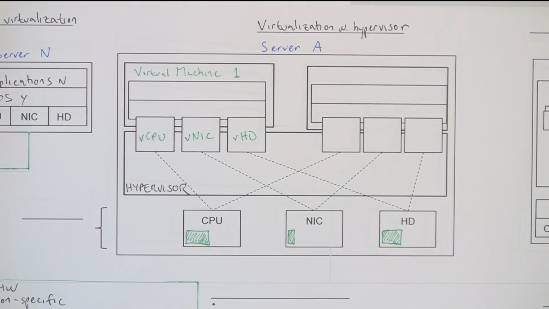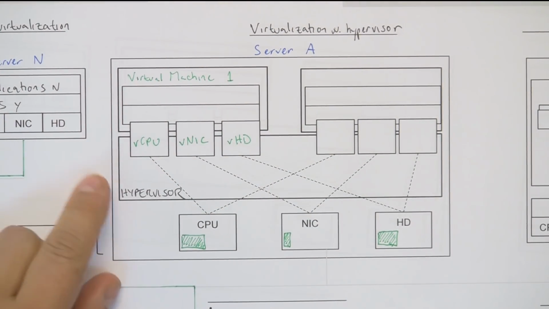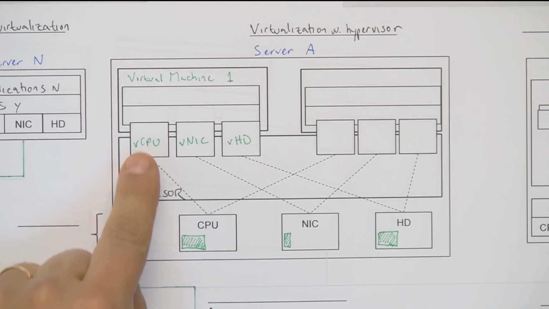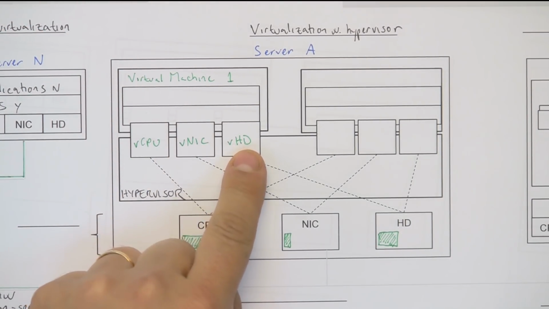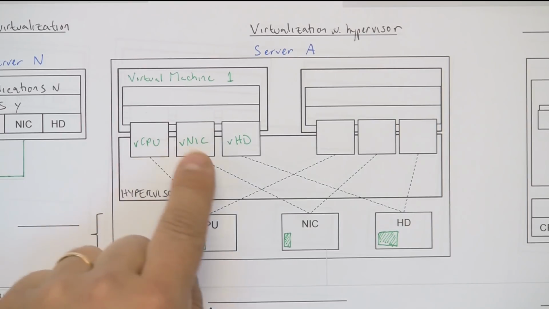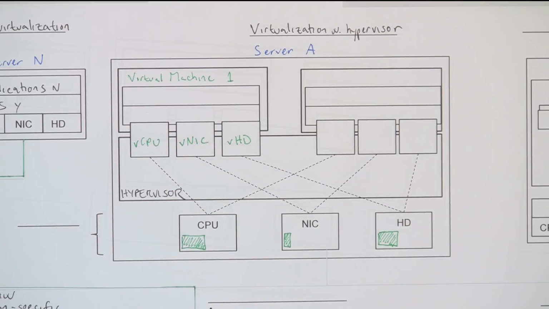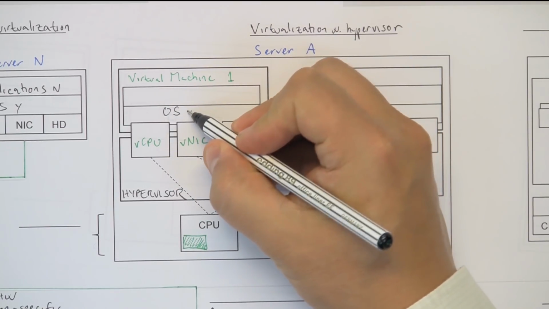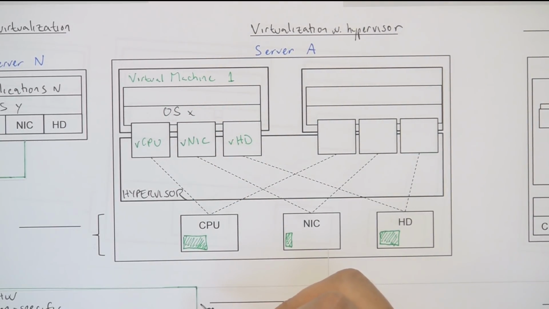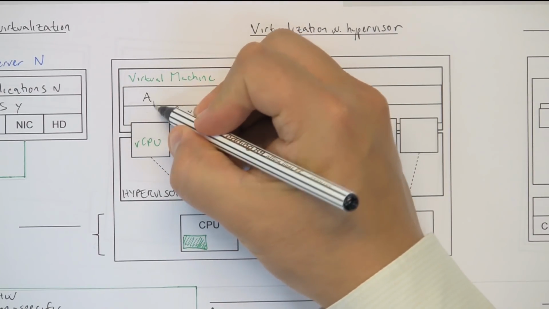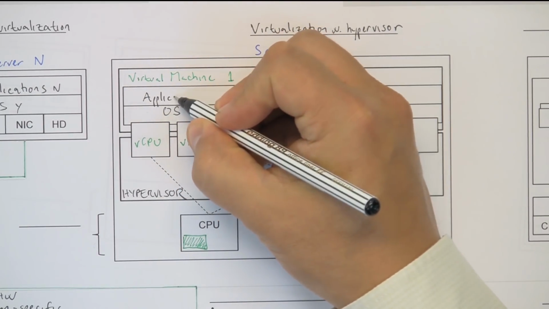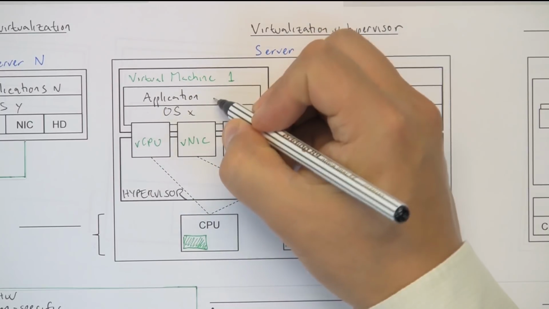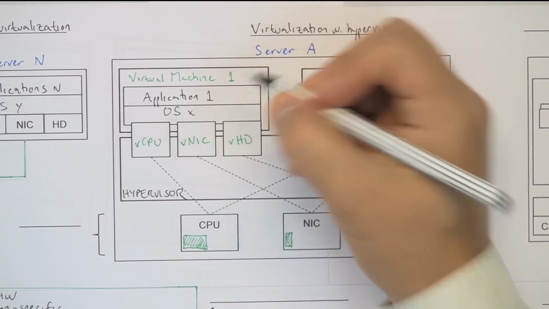So now that we have started this machine, we have created a virtual machine that has what it believes to be a physical CPU, network card, and hard drive. We can boot up an operating system. I'll use black here, OS X for instance, and start applications. Application 1.